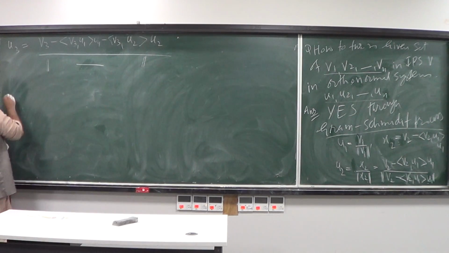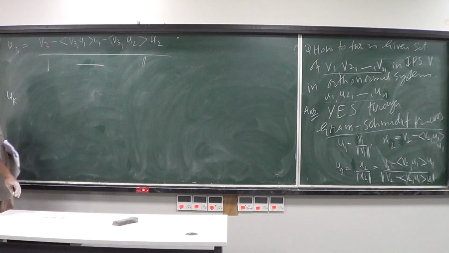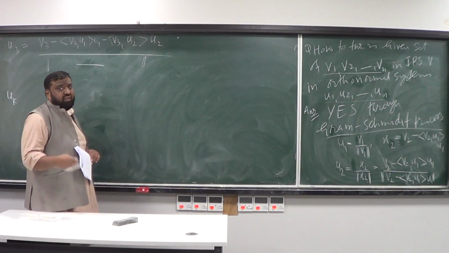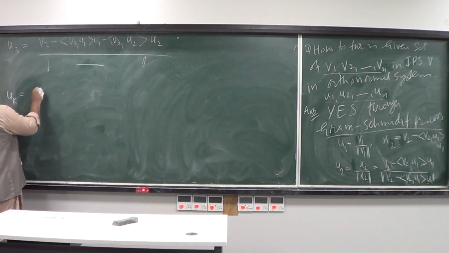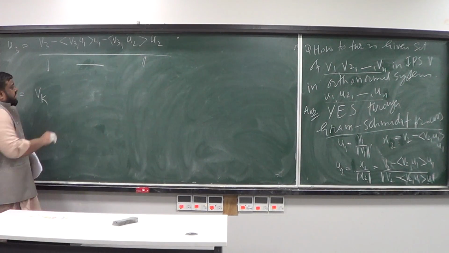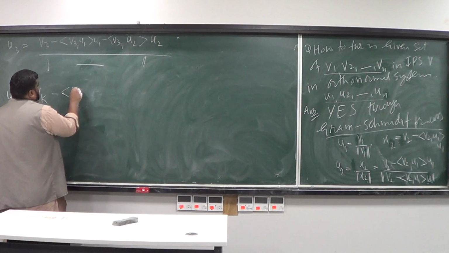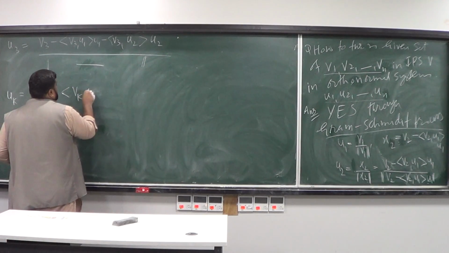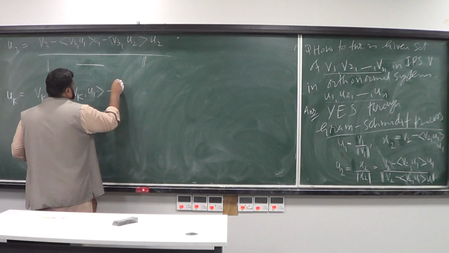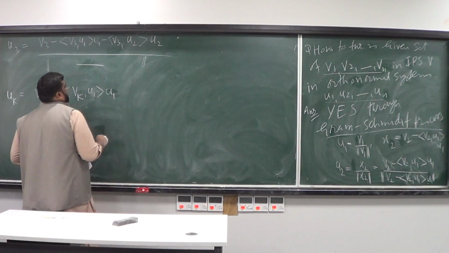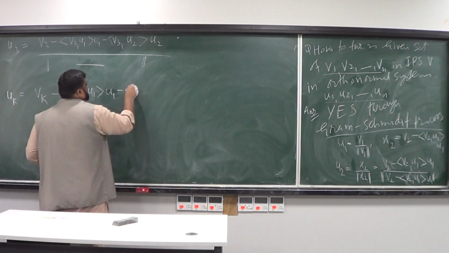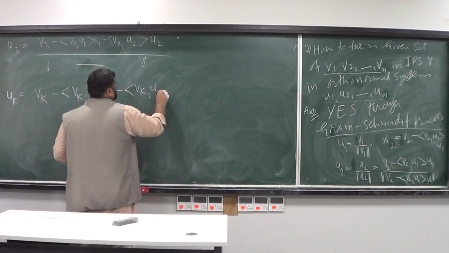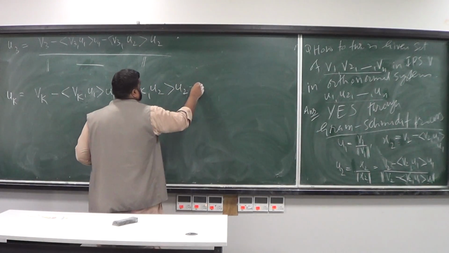So if I write it generically, if I have to compute the kth vector uk, where k could be 1, 2, 3, 4, 5 up to n, then you need to take your vk vector and subtract the inner product of vk with u1 times u1, minus the inner product of vk with u2 times u2, and so on and so forth.